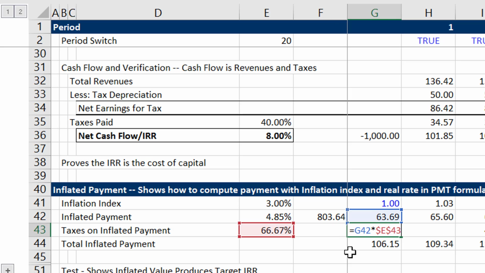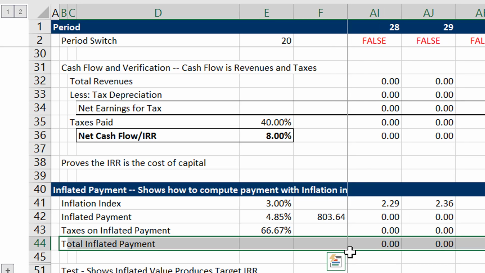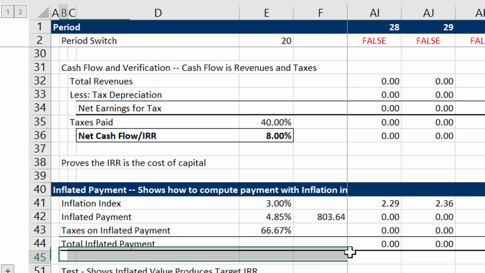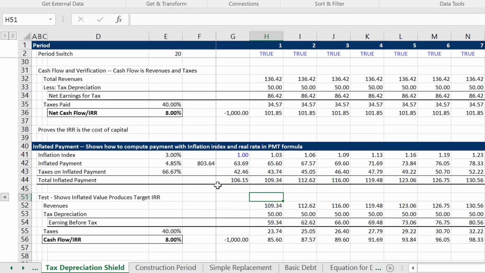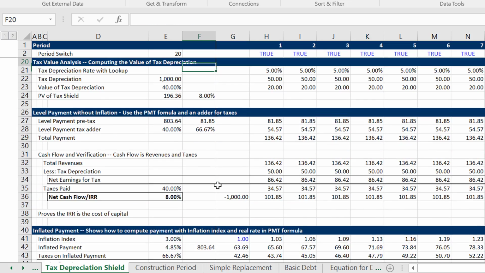And then you compute the taxes on the inflated payment, just like we did before. So you get your total inflated payment. That total inflated payment now reflects different tax shields. You subtract this time the actual tax depreciation. You get the taxes you pay, and then you get the cash flow, and then you get the rate of return on the cash flow.